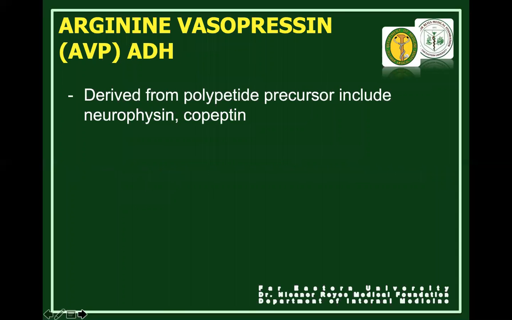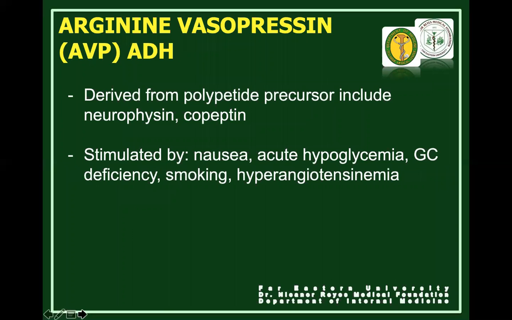Your arginine vasopressin, or your antidiuretic hormone, is derived from a polypeptide precursor that includes your neurophysin and your copeptin. It is stimulated by nausea, in preparation for any dehydration, so you get an antidiuretic effect.